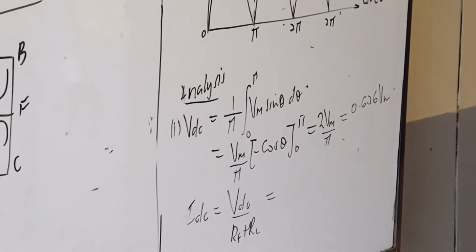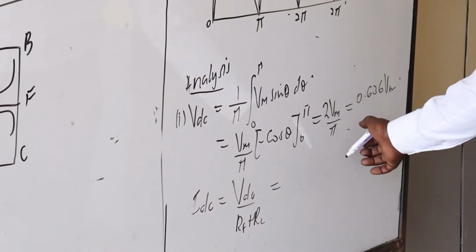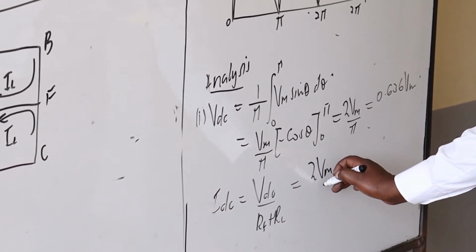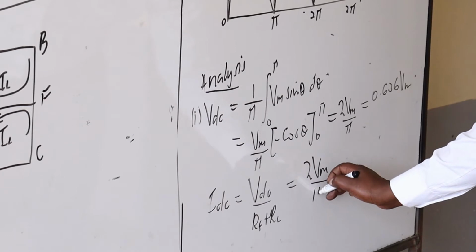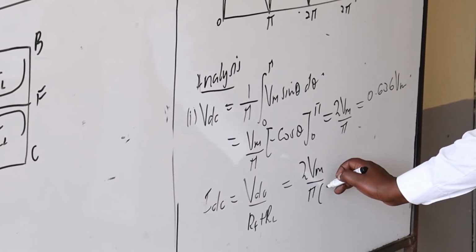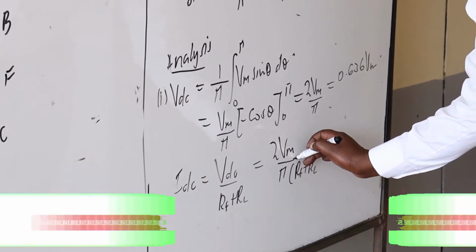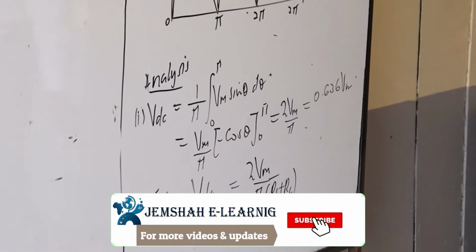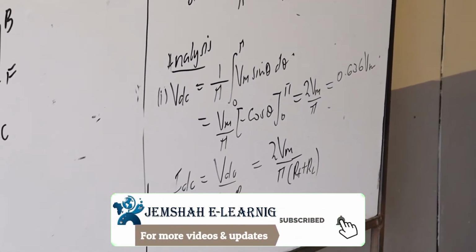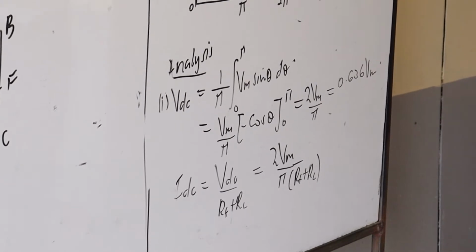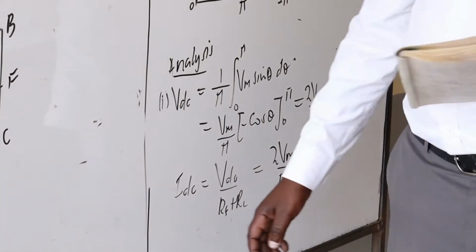So VDC is here, 2Vm all over pi into Rf plus RL. So that will give you the IDC. So we can also get the root mean square voltage. Root mean square voltage.